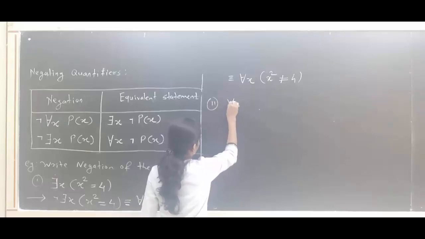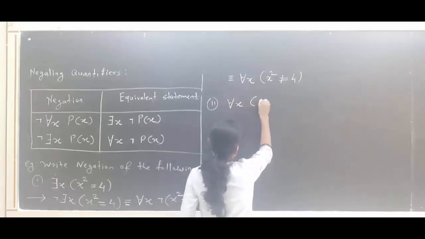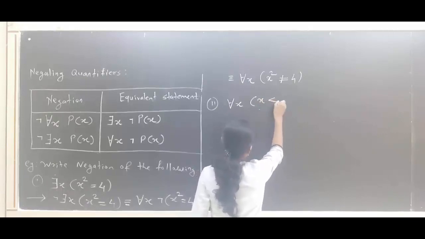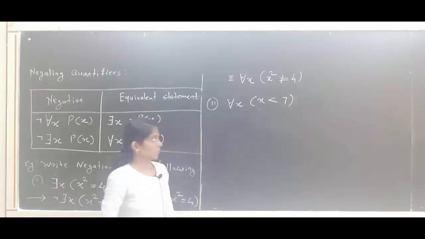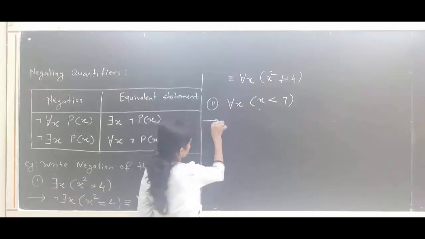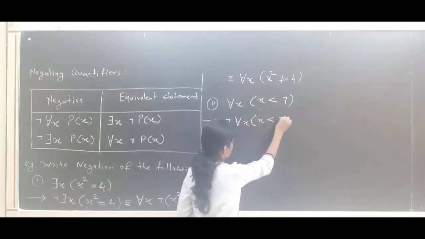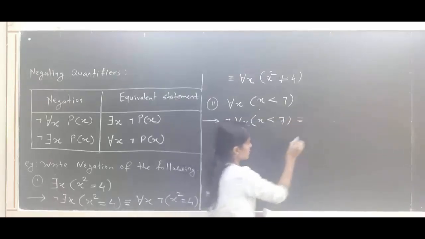Second, for all x, x is less than 7. For all x, x is less than 7. So its negation of for all x, x is less than 7 is equivalent to, negation of universal is existential.